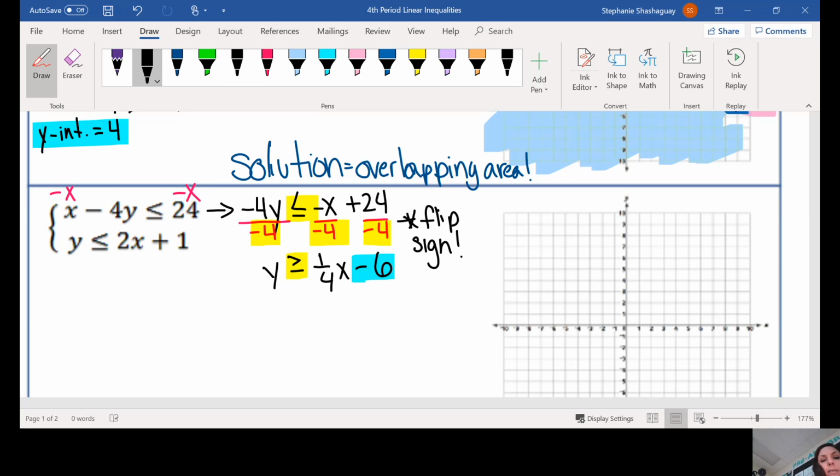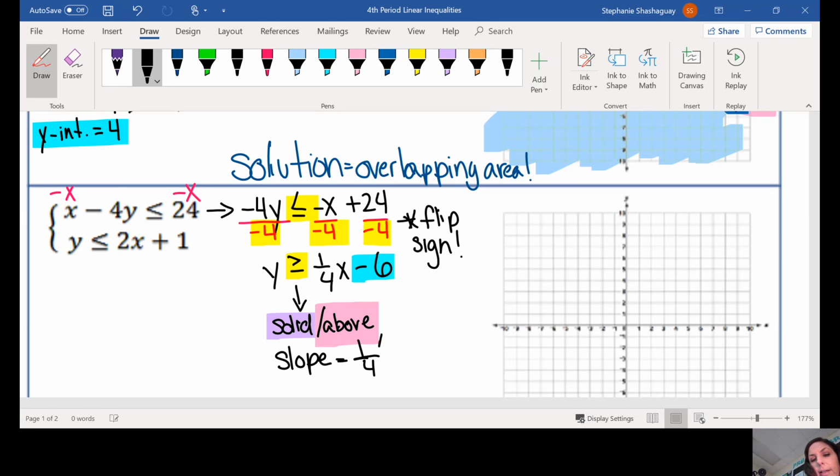And now I'm going to identify all my important parts. So this is y is greater than or equal to, so it will be a solid line. And greater than means I will be shading above. Okay, my slope here is 1/4.